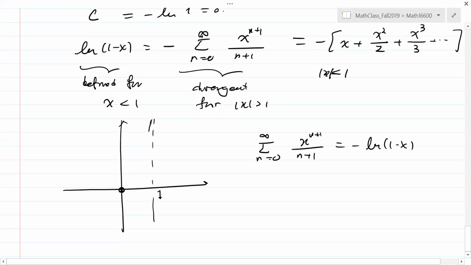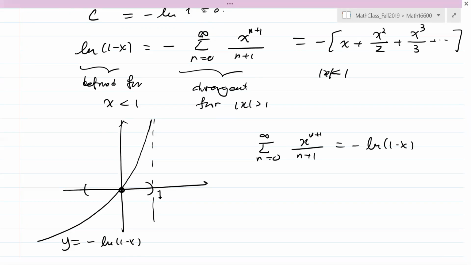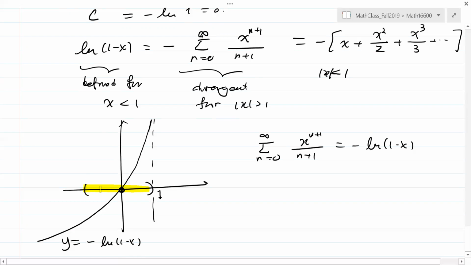I think this is the graph of y equals negative natural log of 1 minus x. So what we did here is find a power series representation for the function over that interval.